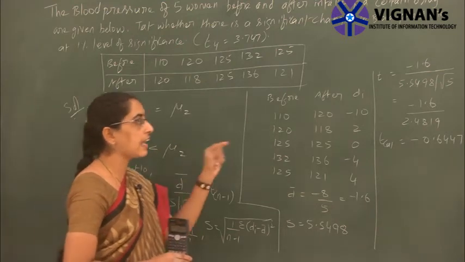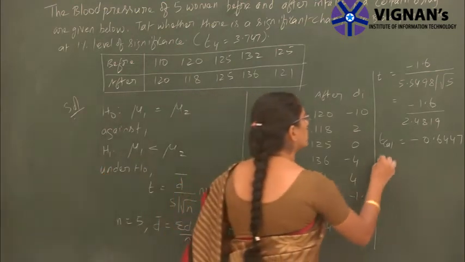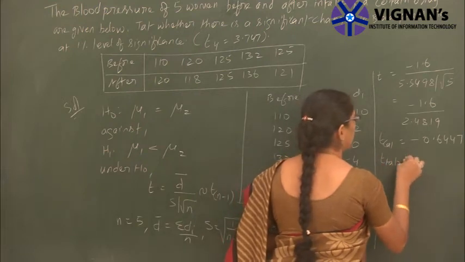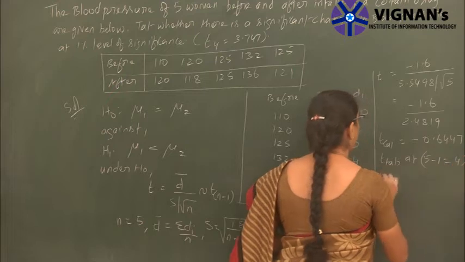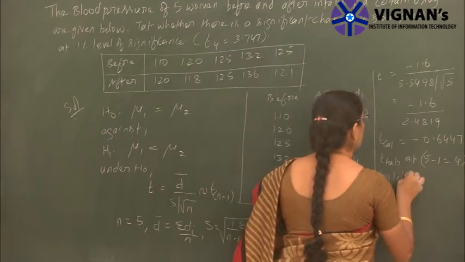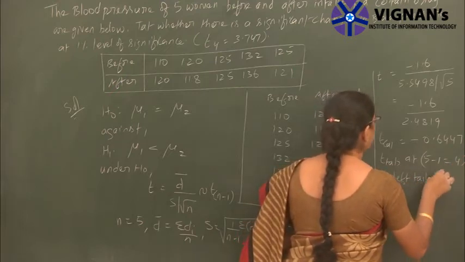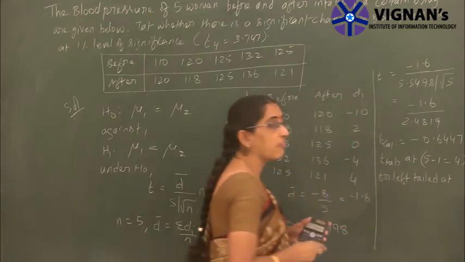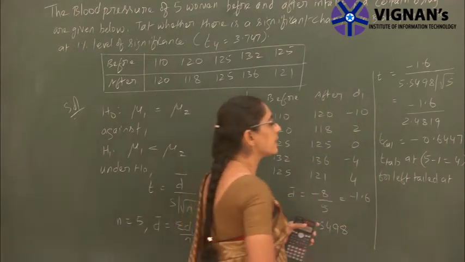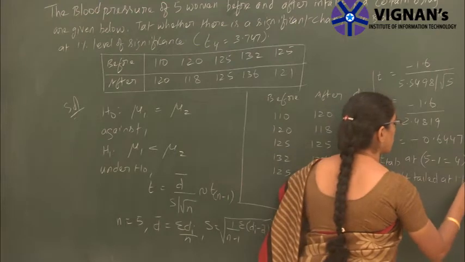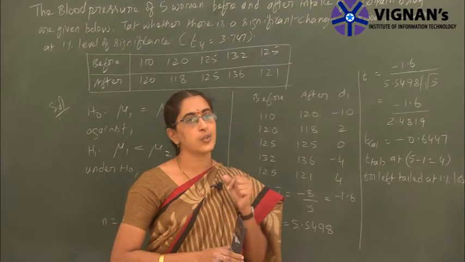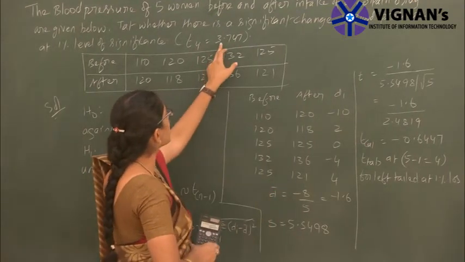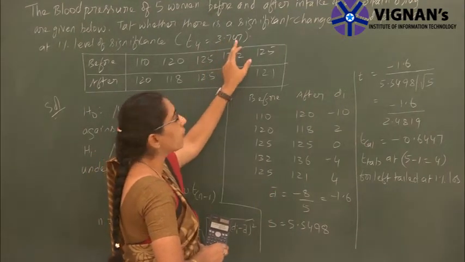So T cal will be minus only, and the tabulated value of T at 5 minus 1, which is 4, for left tail at 1% level of significance. 1% is 0.01. We have to look up the tabulated value. So left tail means at exactly 0.01. So here the value is given as 3.747.